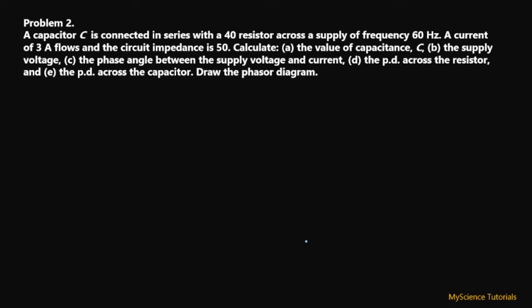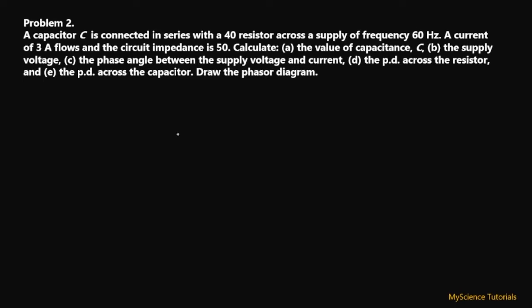We are to calculate A, the value of the capacitance C, B, the supply voltage, C, the phase angle between the supply voltage and the current, D, the potential difference across the resistor, and E, the potential difference across the capacitor. We are also to draw the phasor diagram. So let's go ahead and look at how to tackle this problem.